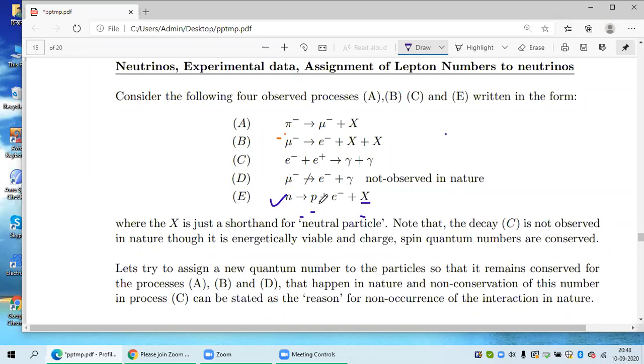Now with this, if I give you any reaction, you can find out with this lepton number conservation what the neutral particle there is. I will give you an example later, but first try to grasp this.